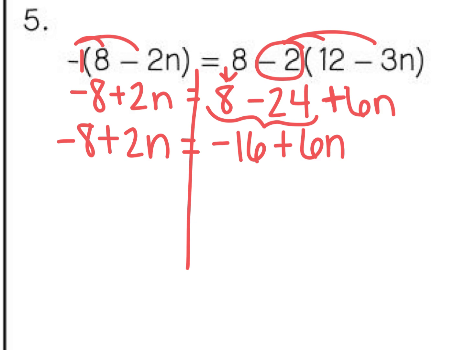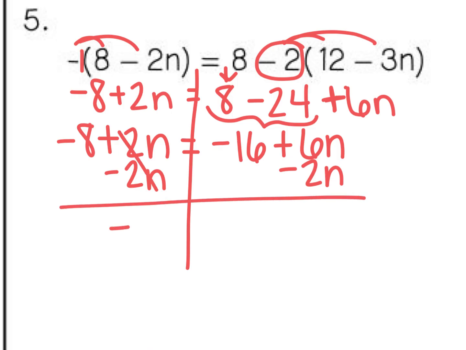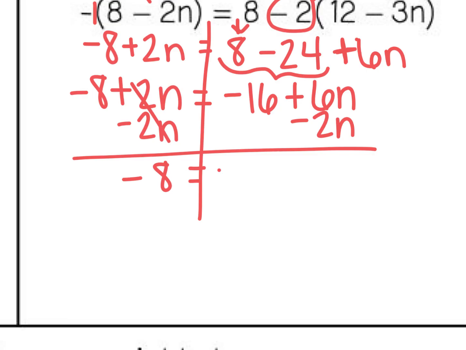Step 3, variables to one side. Which one do we want to move? The variables. Oh, 2, 9. The 2. Why do we want to move the 2? Because it's smaller. Make sure when you bring down that 8, you bring down the negative.